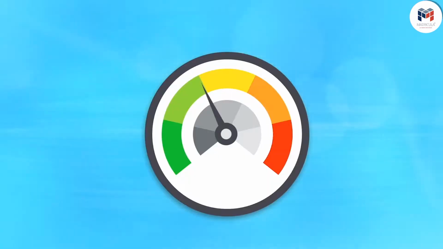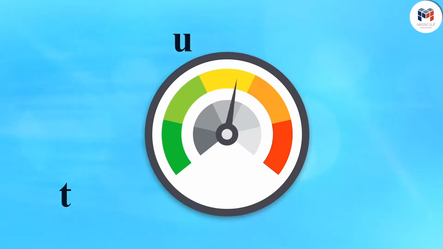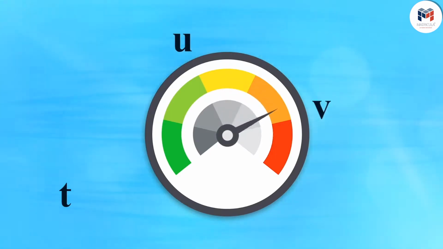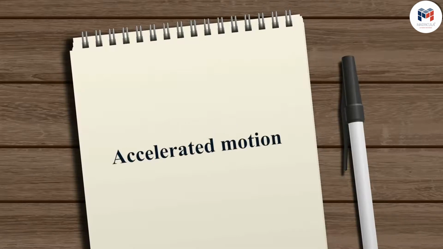If the velocity of an object changes from an initial value u to the final value v in time t, the acceleration a is equal to (v minus u) whole divided by t. This kind of motion is known as accelerated motion.